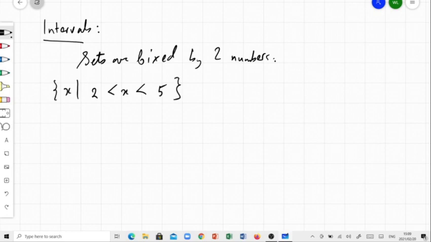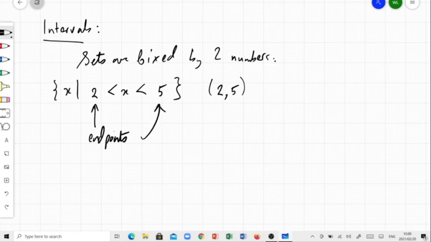You see, the numbers 2 and 5 fix this set. That is why we write them as 2 open brackets 5. The open bracket simply means that, and these are what are called endpoints, the left endpoint and the right endpoint.